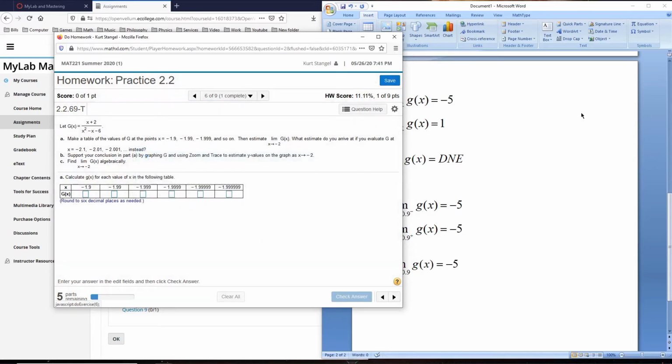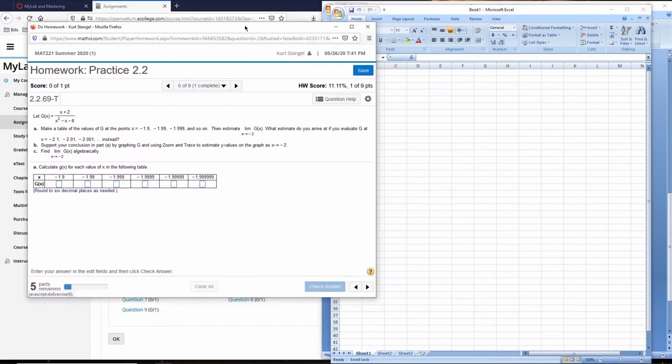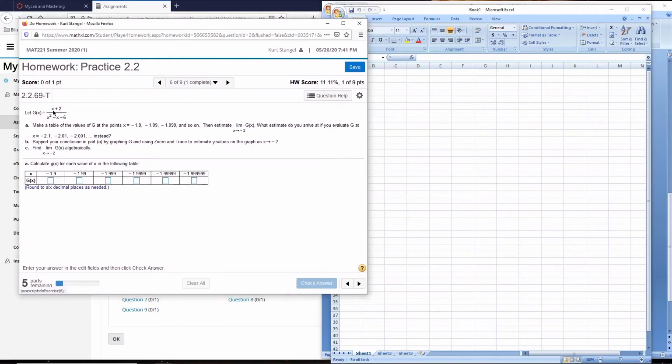So here's our stuff. We pull over Excel. And so here's our function, a polynomial over a polynomial, so a rational function there. And it wants us to make a table of values of the output, and they are giving us these inputs. Now if you look at these inputs, -1.9, -1.99, -1.999, and more nines, they're trying to express the idea of approaching -2.